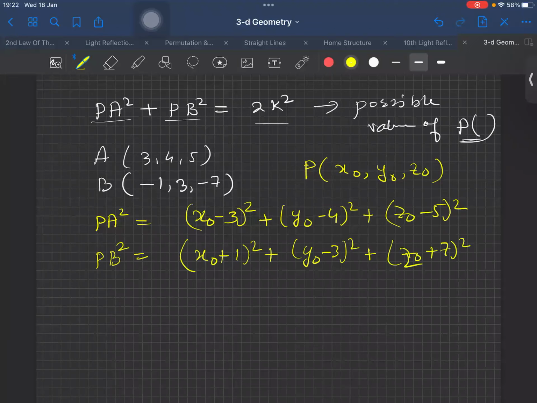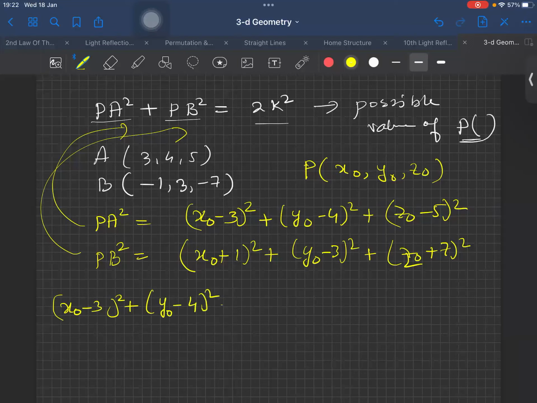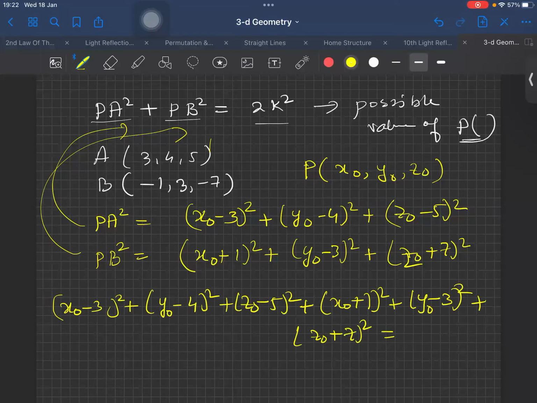Now the relation is given, so just substitute these two here and find out the values. So you can write X naught minus 3 whole square plus Y naught minus 4 whole square plus Z naught minus 5 whole square plus X naught plus 1 whole square plus Y naught minus 3 whole square plus Z naught plus 7 whole square is equal to 2K square.